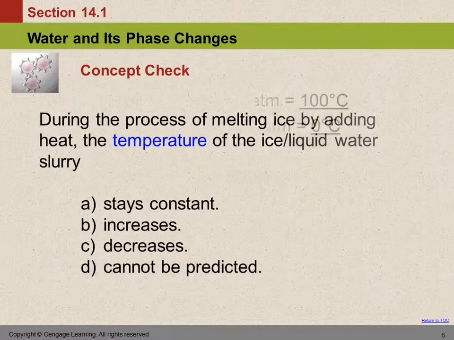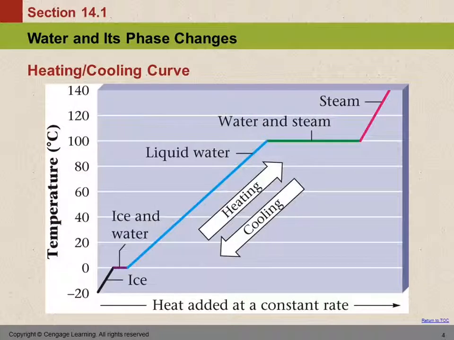Let's go back and look at the graph. This little purple line here is the period in which the ice and water are both present. What's happening with the temperature there? It's staying the same, because we're still adding heat. Why isn't the temperature going up?